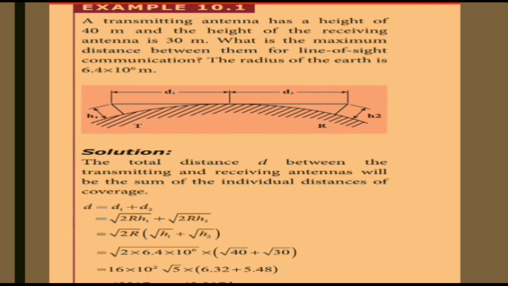Root 40 is 6.32 and root 30 is 5.48. Multiplying all the values you will get the answer, 42,217 meters, which is equal to 42.217 kilometers. This is a very simple example problem.